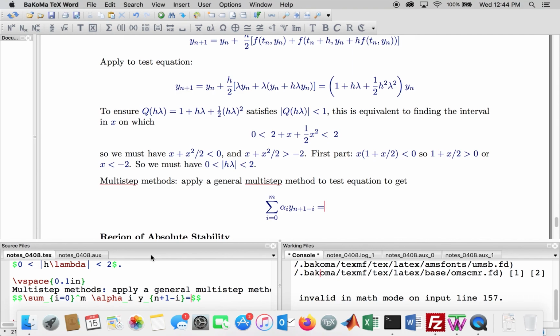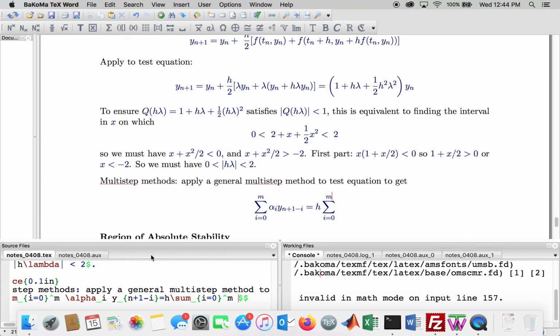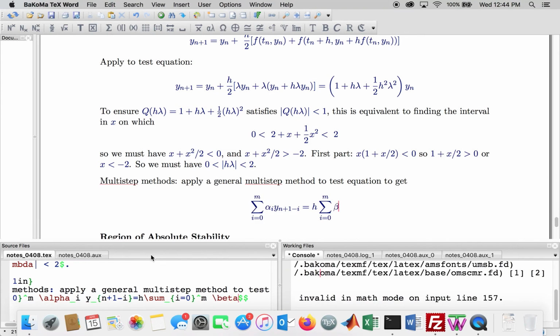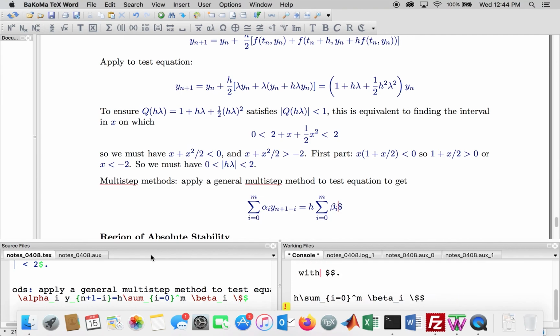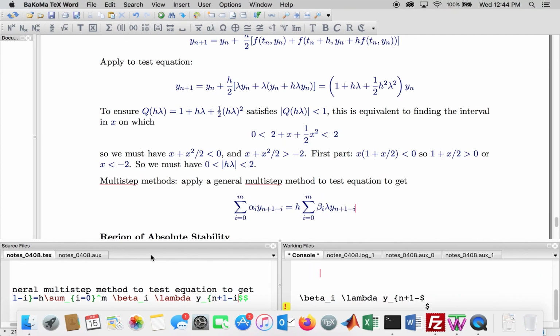That's equal to h times the sum from 0 to m of beta i, and then f value, but that's just going to be lambda times y_{n+1-i}.